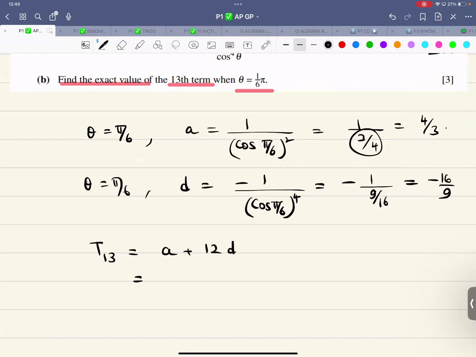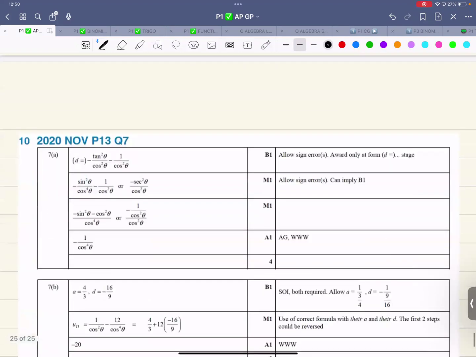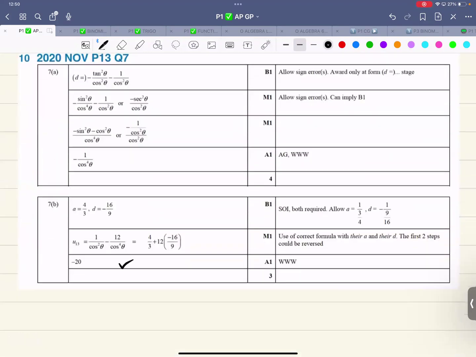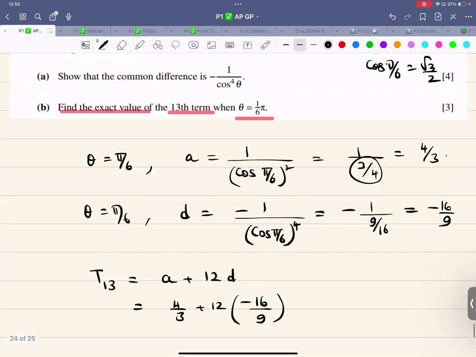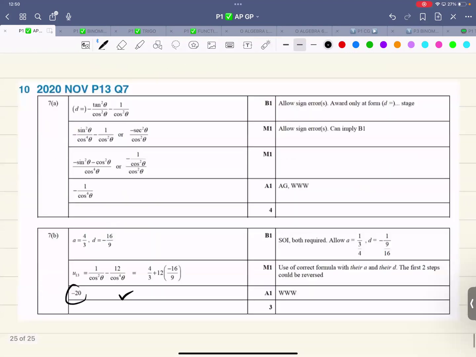A is what? That is 4 over 3. 12 as it is, negative 16 over 9, simplify, and then you get this answer. I don't know why it has to write exact form, because it is coming out to be an integer. That completes the AP and GP review.